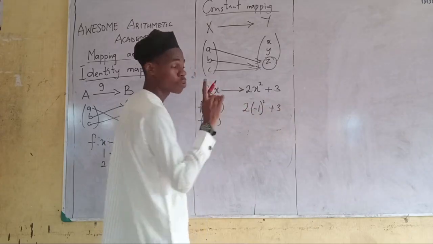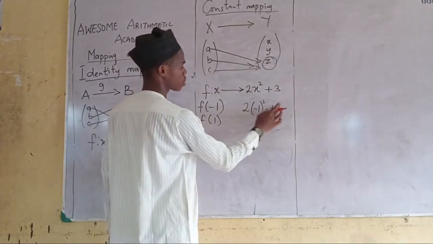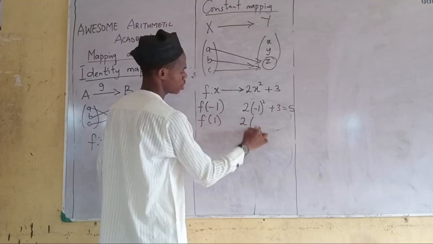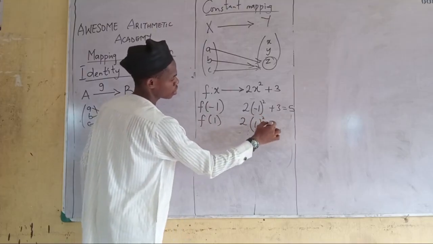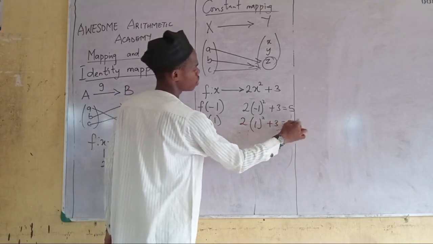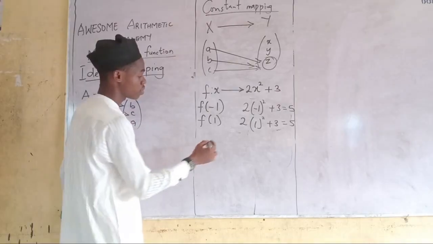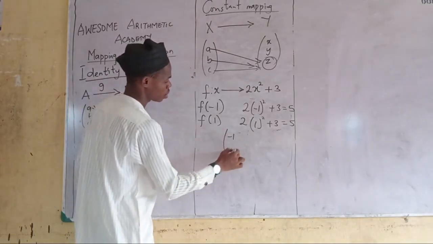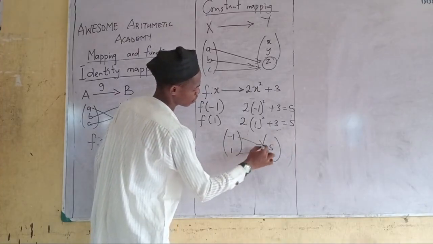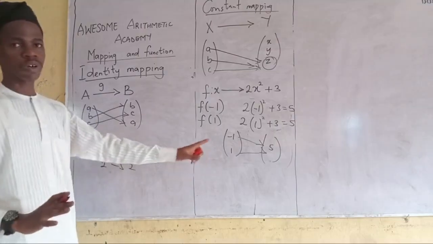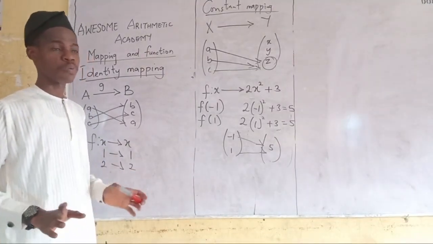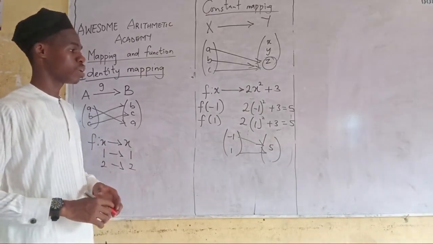Minus 1 squared gives me 1, 2 times 1 is 2, plus 3 is 5. And when I put 1, 2 brackets 1 squared plus 3, 1 squared is 1, 2 times 1 is 2, plus 3 is 5. You see that if I draw the mapping of this, I'll have minus 1 and 1 mapped to 5. So in that case, we call this a constant mapping.